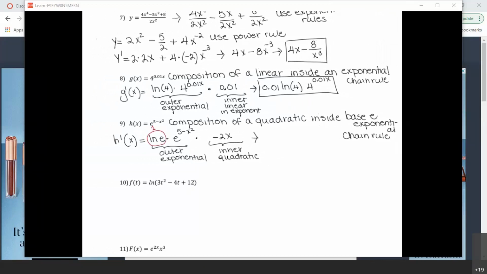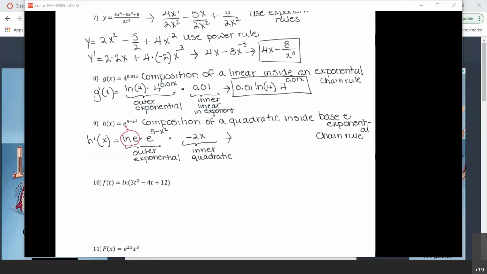The answer is e to the first is e, so it's 1. So I don't need it. 1 times e to the 5 minus x squared is just e to the 5 minus x squared, and the rest simplifies to minus 2x. It's convention to put the variable term before the exponential term. Here's your answer.